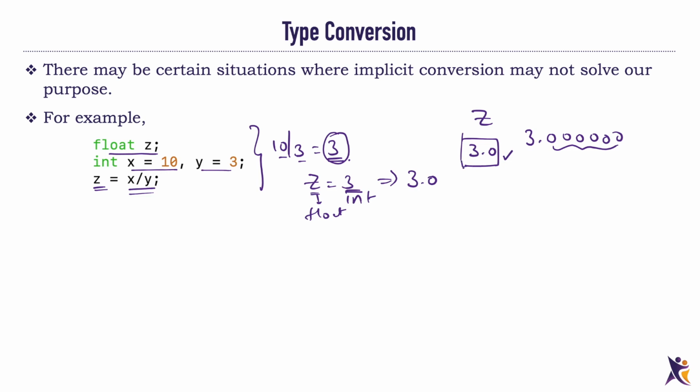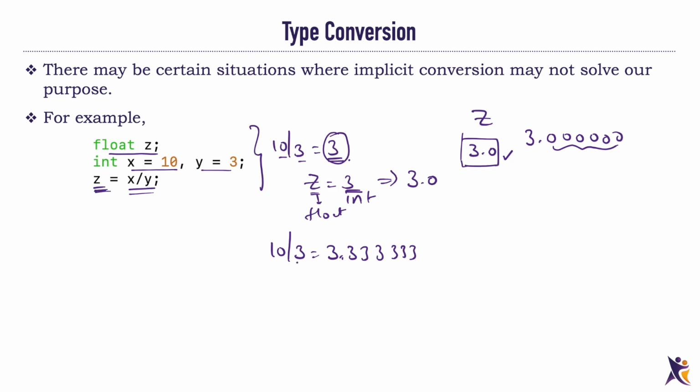But the actual value of 10 by 3 is 3.3, right? For example, 10 by 3 should give me 3.33. In fact, it has these 6 threes after the decimal point. So this value should be stored in z.